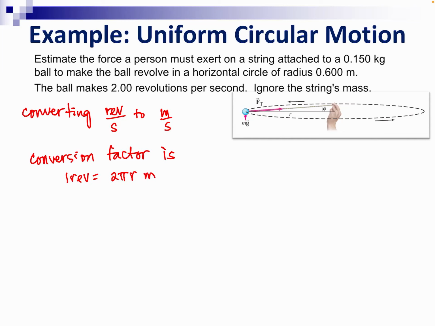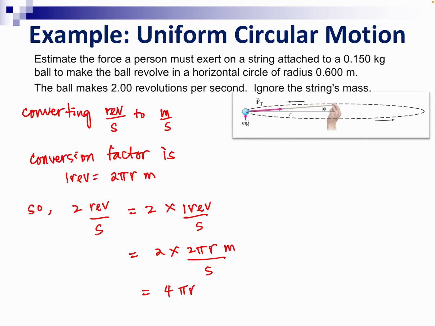So for example, 2 revolutions per second you can write as 2 times 1 revolution per second, 2 times 2 pi r meters over second, which is 4 pi r.